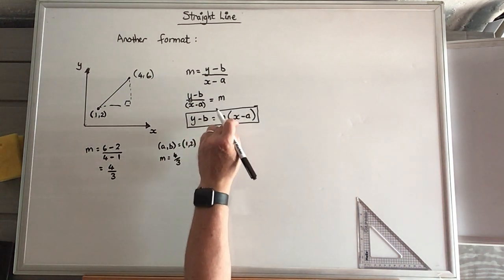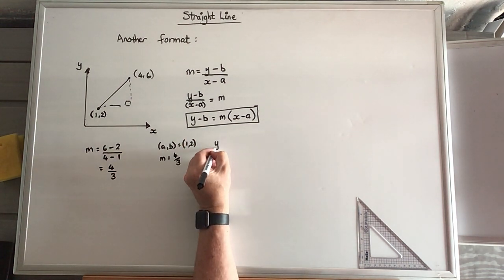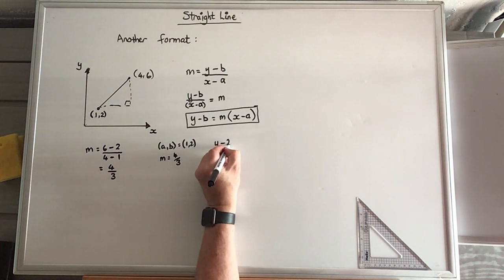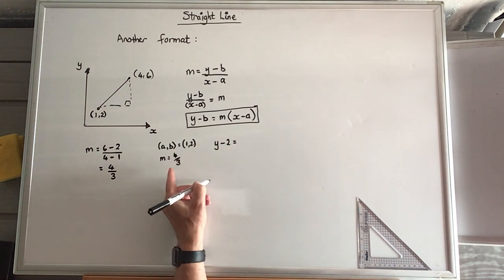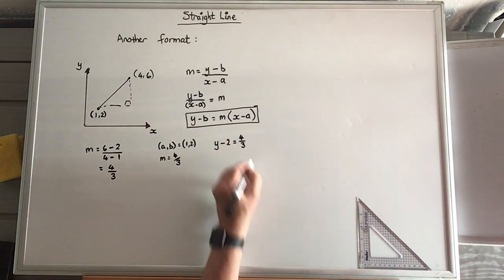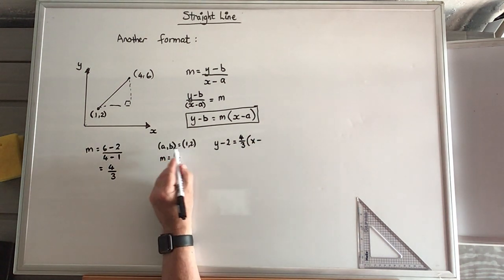And we just put these values in here and we rearrange it. So we're going to have y minus my b, which is 2, is equal to my gradient, which is 4 over 3, bracket x minus my a. Well, my a is 1 here.